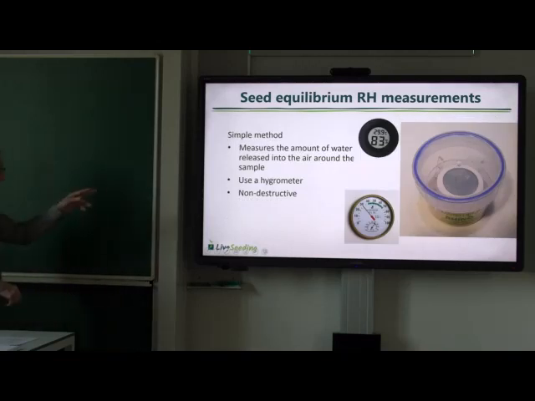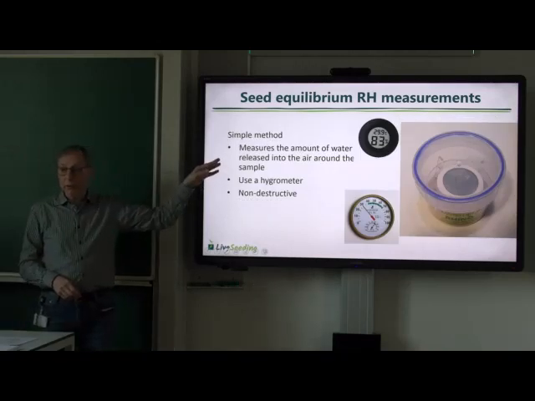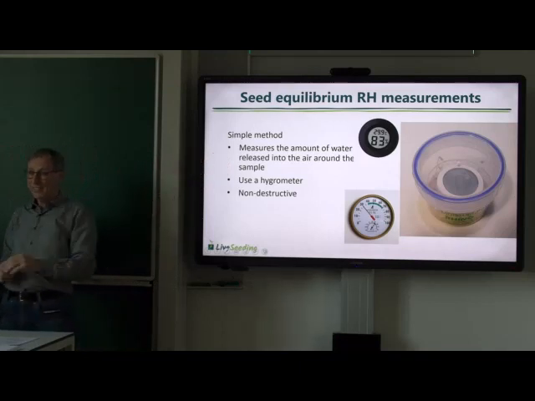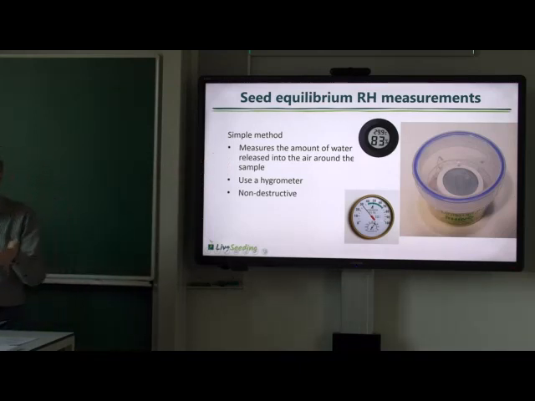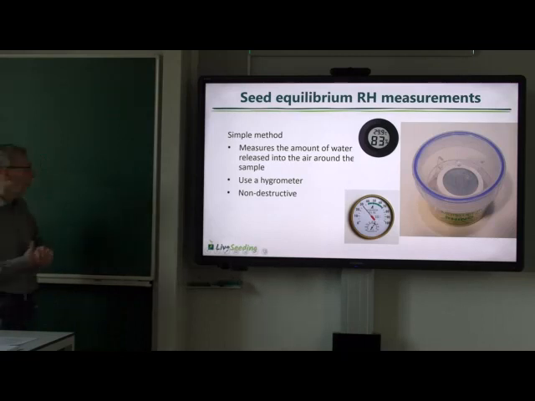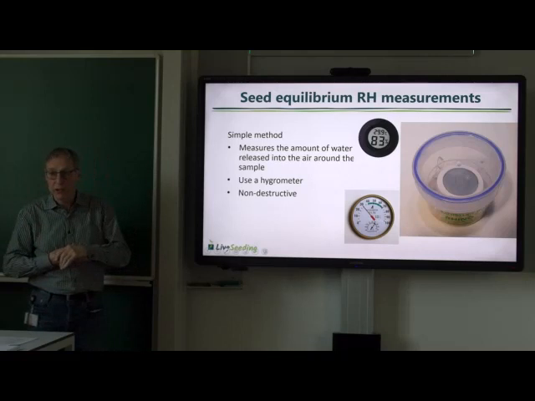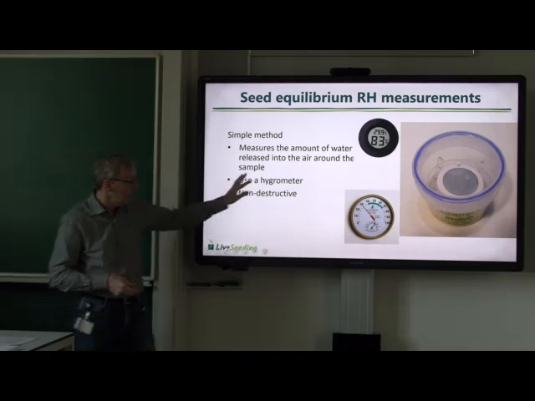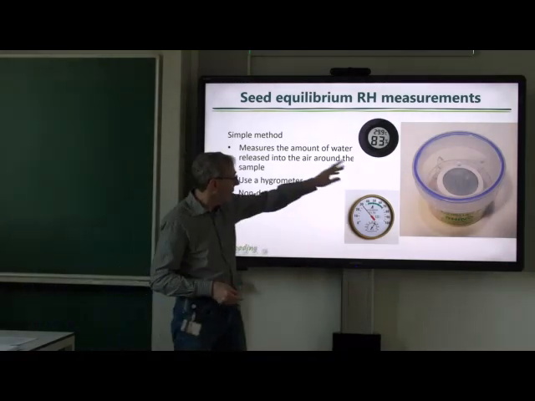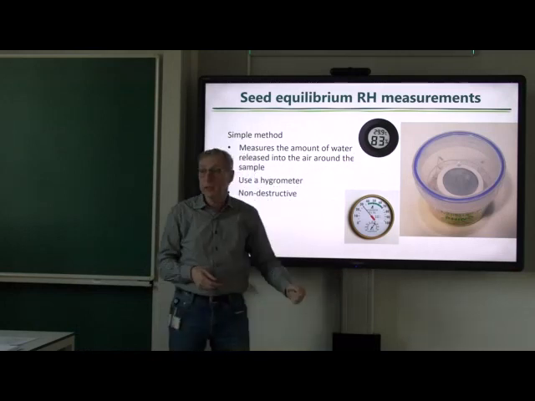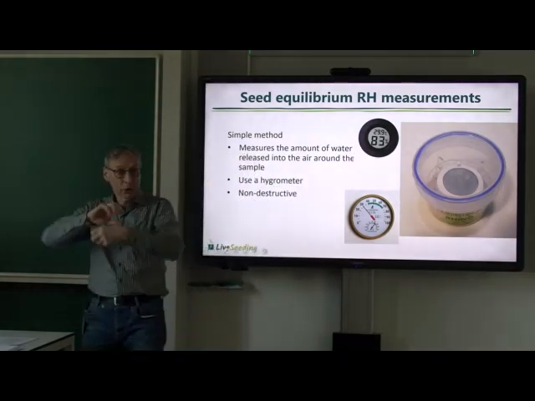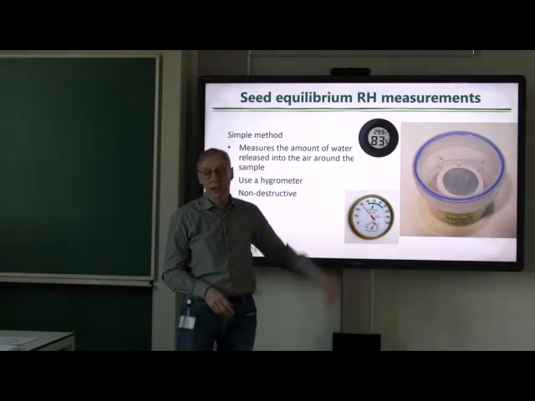today. That equipment I showed is expensive, but do you need that accuracy? Do you really want to know 1%? No. I asked you to bring seeds, and you will also measure the equilibrium relative humidity. Just a simple thing: you use a relative humidity meter, put it in a glass jar, close it, and measure the relative humidity.